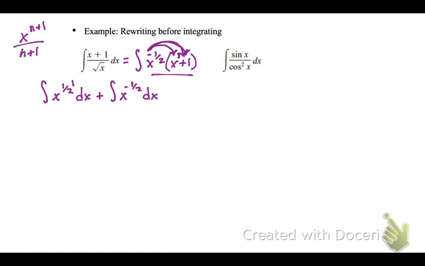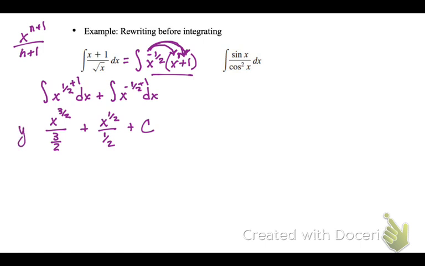Okay, so 1/2 plus 1 is what? 3 over 2. So I have x to the 3 over 2 over 3 over 2, plus negative 1/2 plus 1 is 1/2. So x to the 1/2 over 1/2 plus c.